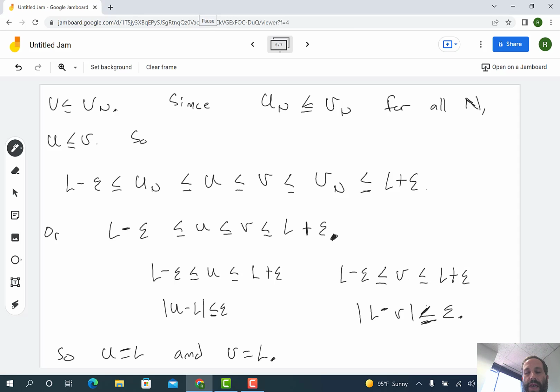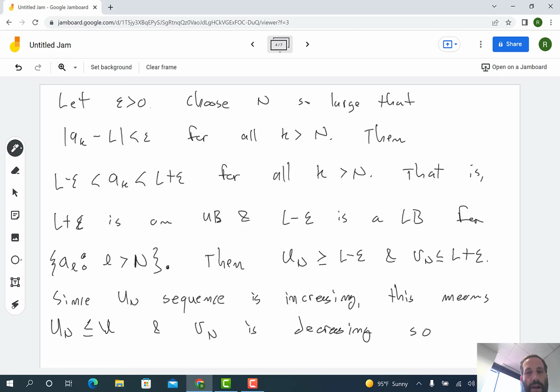The main thing is getting to an inequality like this, and really the main idea here is to recognize that L minus epsilon is less than or equal to U_n, U_n is less than or equal to V_n, and V_n is less than or equal to L plus epsilon, so that the U_n and the V_n are squeezed between L minus epsilon and L plus epsilon. And so as epsilon goes to 0, we have this squeezing going on.